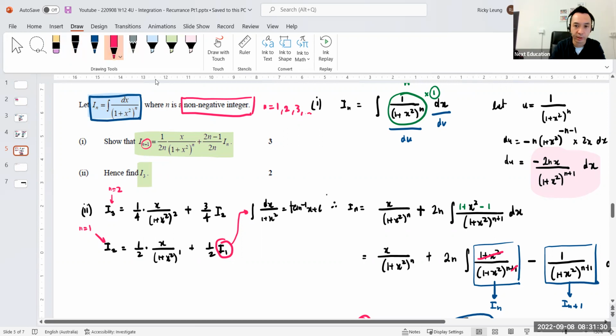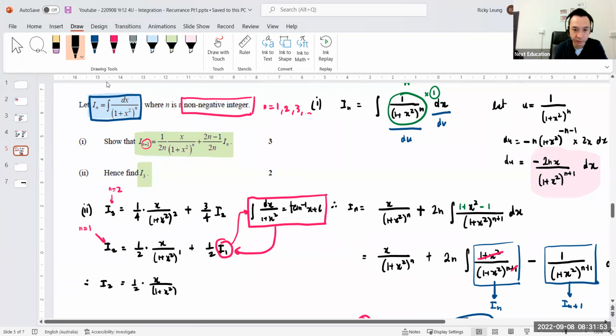So once you get that, pop that back in, and then we start repopulating, and you get, therefore, I2 equals half x on (1 + x²) plus a half tan inverse, I'll put in the plus c at the end, tan inverse of x.